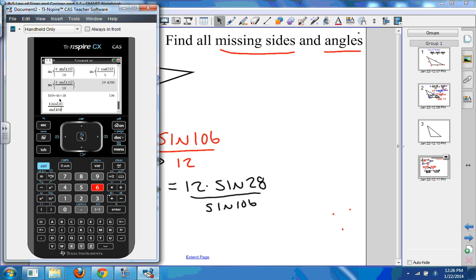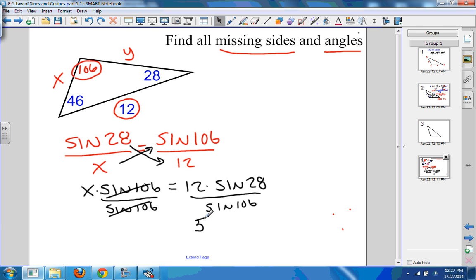So that looks just like what we have here in our problem. Hit enter, it does this simplification thing for us. I want to hit control enter to get our answer, and it says 5.86. Alright, so 5.86 is equal to x.